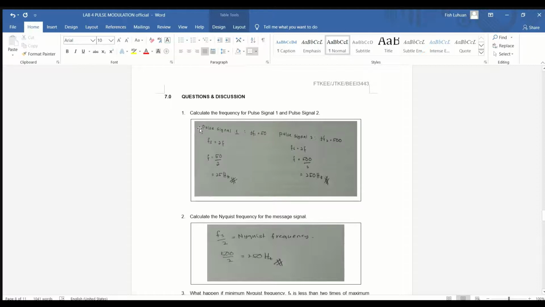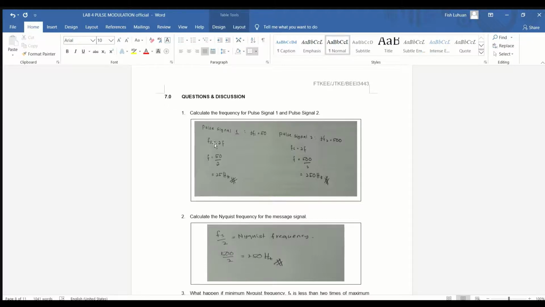To get the signal 1 we have to put TF1 over P, and divide by Tmax, which is 50 over 2 and divide by 1.